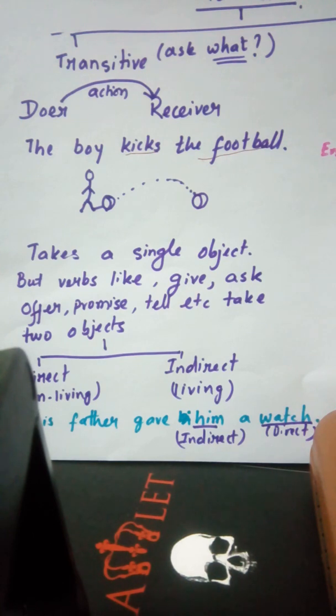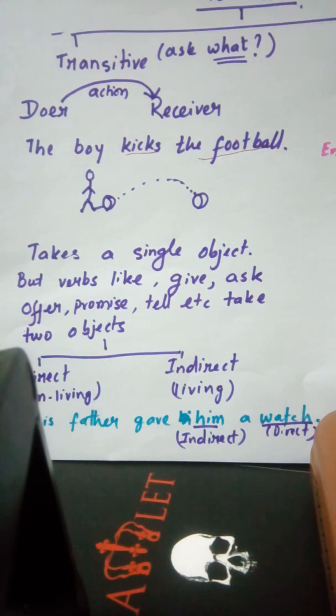Right. And what is transitive then? A transitive verb is a verb that denotes an action which passes over from the subject to the object. Here, kicking of the ball, the action of the boy passes over from the boy to the football, which is then said that the verb is used transitively in this particular sentence.